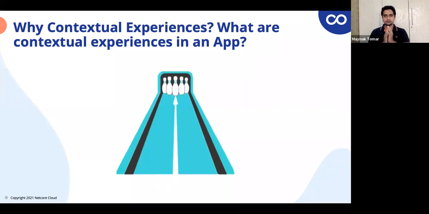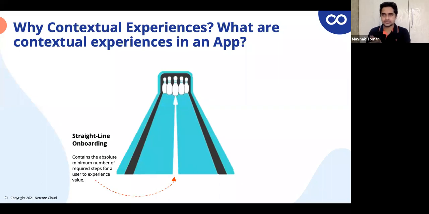First, we need to throw the ball straight so that it hits the center, and that's where we guide the user with straight line onboarding. When I say straight line onboarding, remove all the bumpers, remove everything which might give some time for the user to actually grab the value. So, an absolute minimum number of required steps for a user to experience the value.